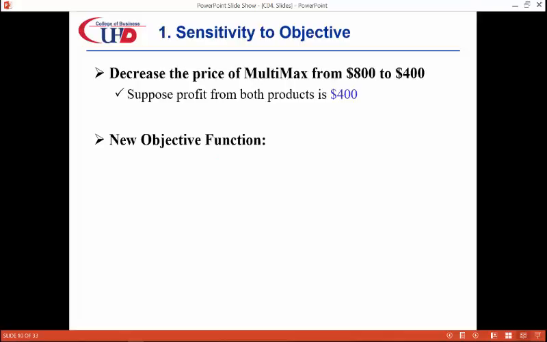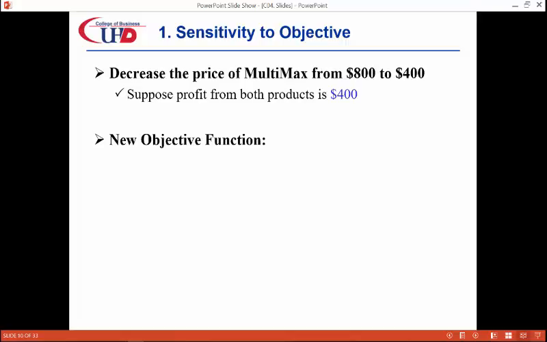Okay, now let's start with the sensitivity analysis with respect to the objective function. We adjust the coefficient of a certain variable while keeping everything else unchanged, and check what will be different in our final optimal solution.